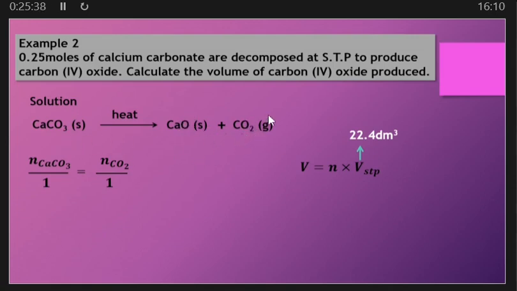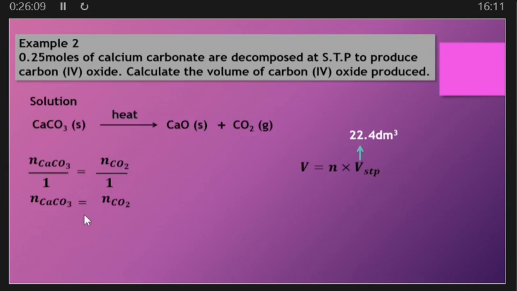I didn't bother to show you that because I automatically knew this one was balanced, but it is important that I let you know that it is balanced. So now that it is balanced, we write this mole-to-mole relationship between what is given and what is asked. Then if we divide this term by 1, we get the same, and this one also divided by 1 will get the same.